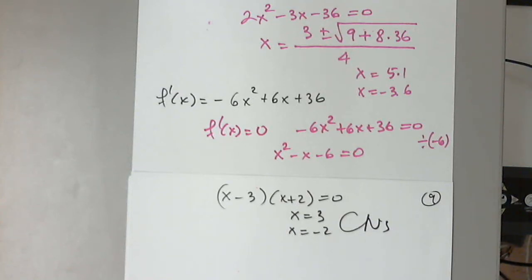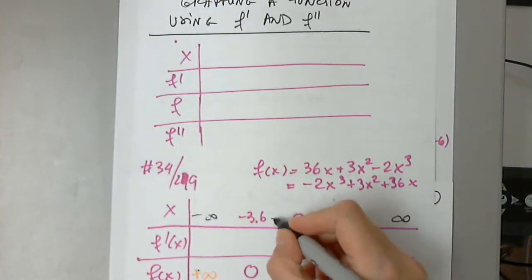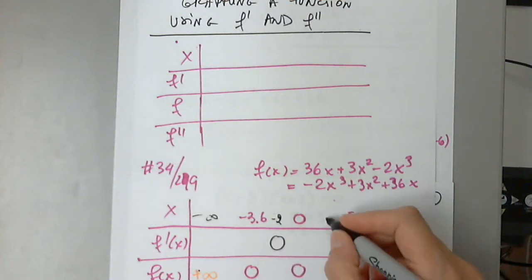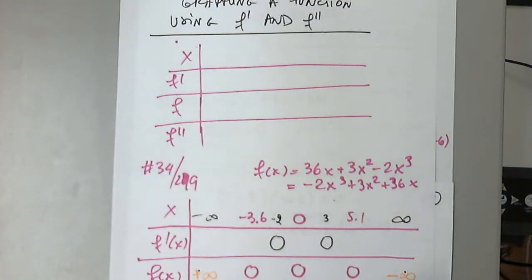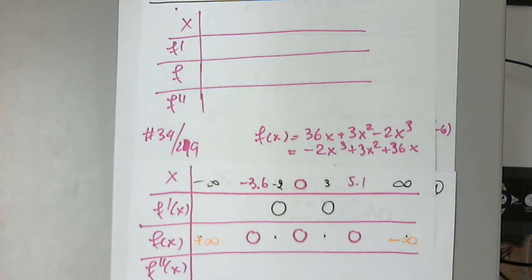We have to go back and put them in the table. So negative 2 and 3. I have to determine the corresponding y values. In the original function, I have to plug in negative 2 and get this value, and I have to plug in 3 and get this y value.